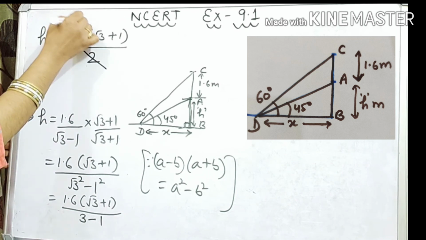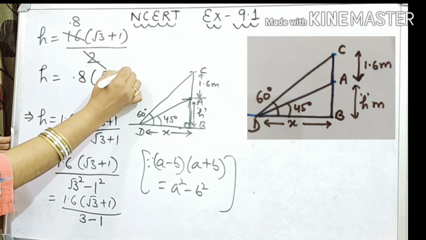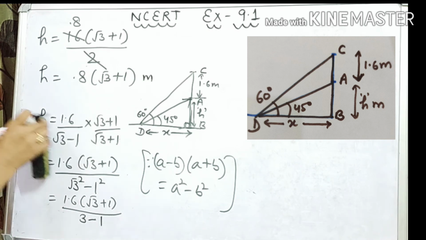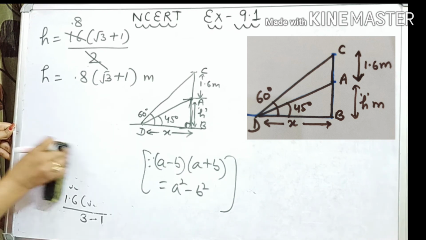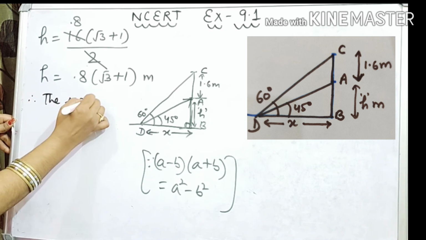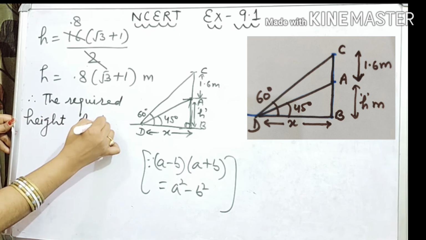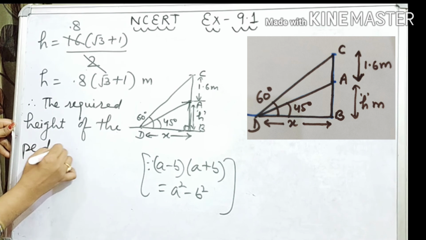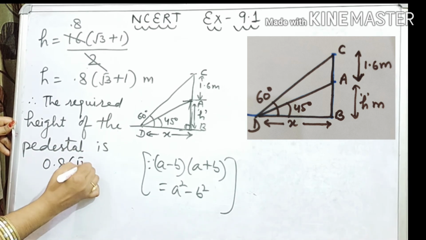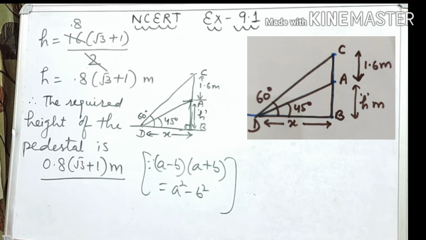This will be 0.8, and the value of h is 0.8 into root 3 plus 1, and this is in meters. And what was h? h was the height of the pedestal. Therefore the required height of the pedestal is 0.8 into root 3 plus 1 meter. This is the required answer. Thank you.